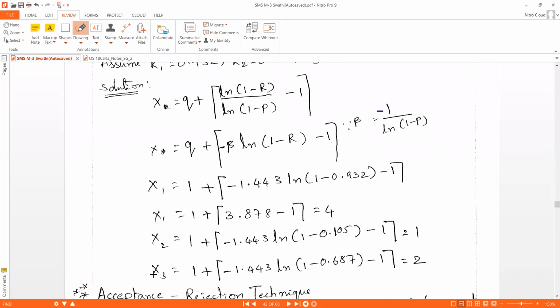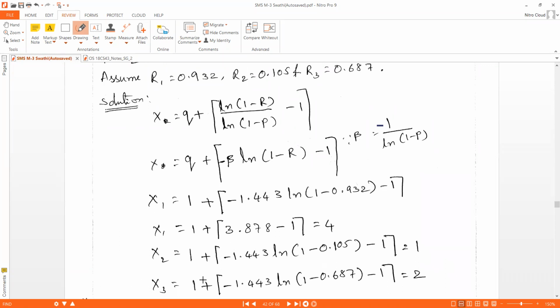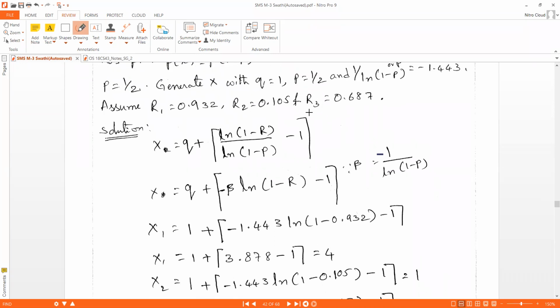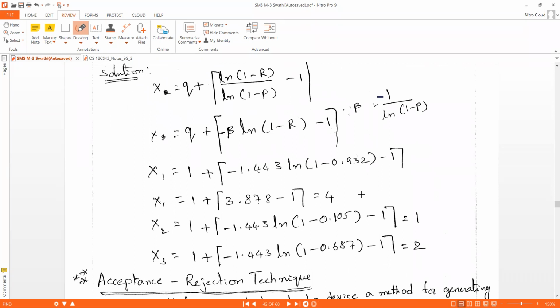Like that, we solve the x3 value, taking the random number r3, which is given as 0.687. We will substitute that r3 value in this equation.